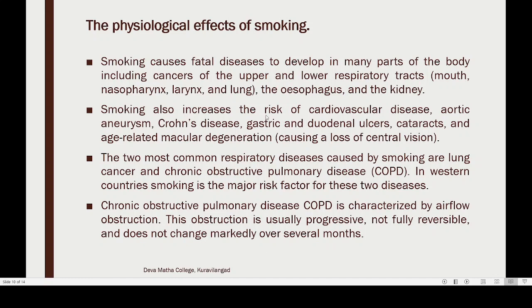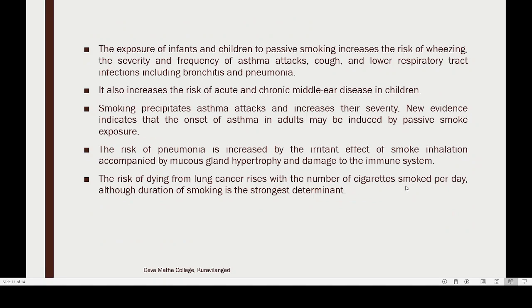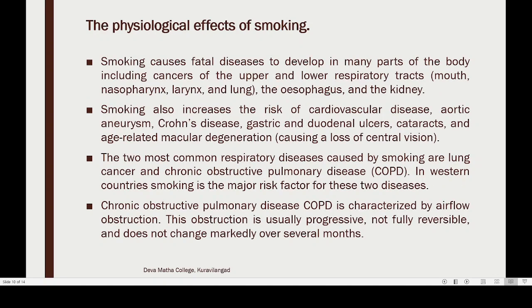Smoking can cause fatal diseases to develop in many parts of the body, including cancer of the upper and lower respiratory tract. Right here you can see the upper and lower respiratory tract means our trachea, then it goes down into bronchus, then goes into the lungs.